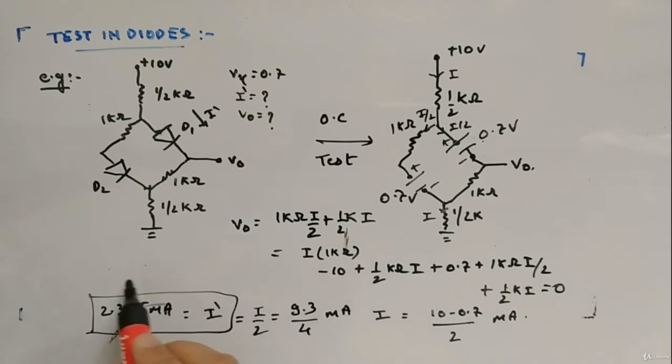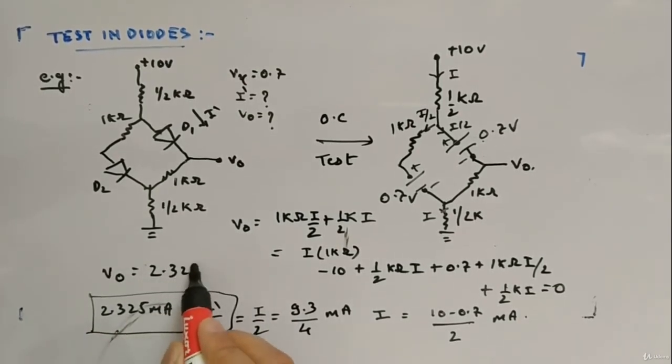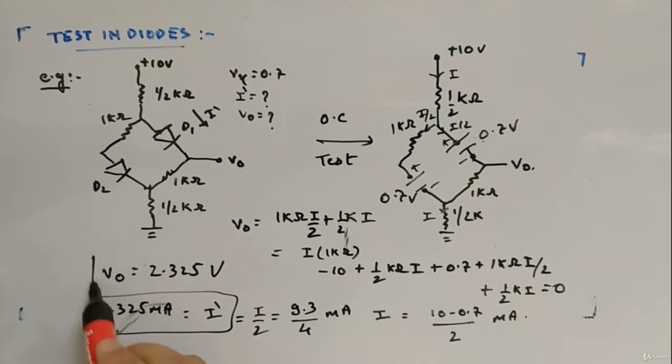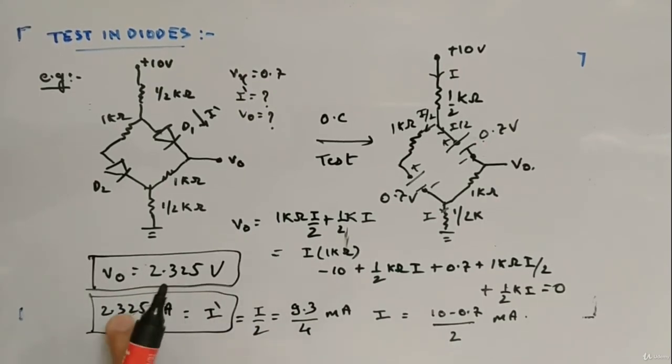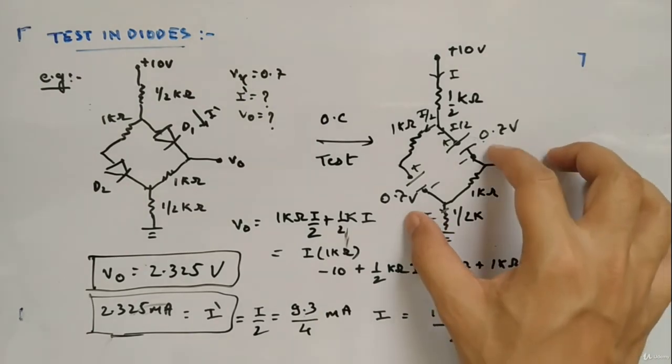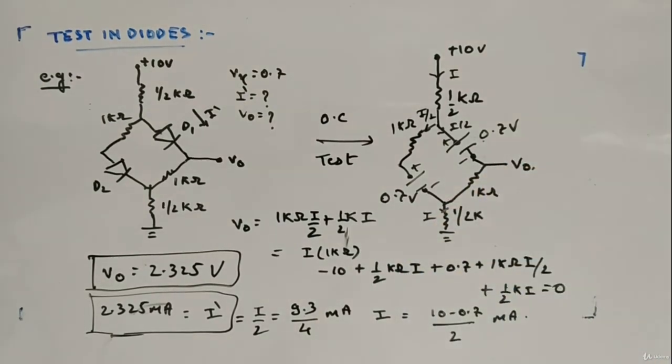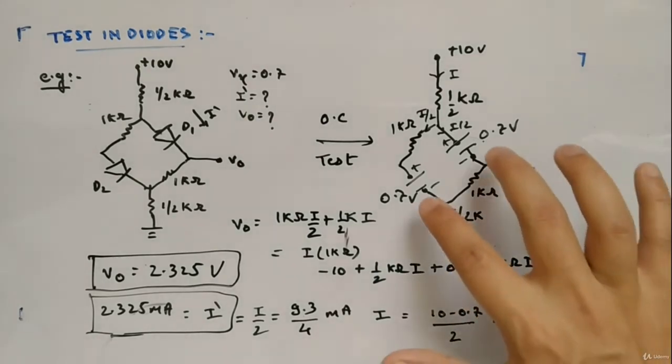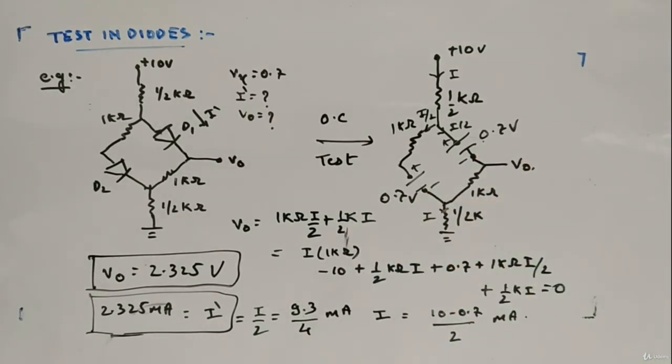So V0 will be the same as this, 2.325 volts, and this is milliampere. So I hope you got the feel of how I do this. The only point I wanted to make is that when the voltages are equal, both diodes will be on at the same time.